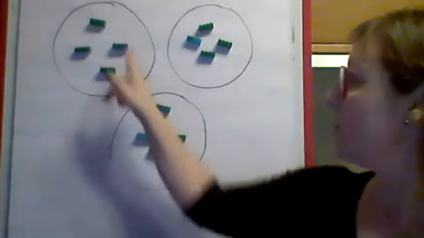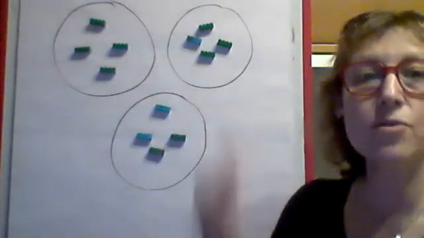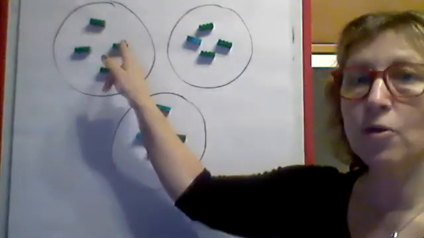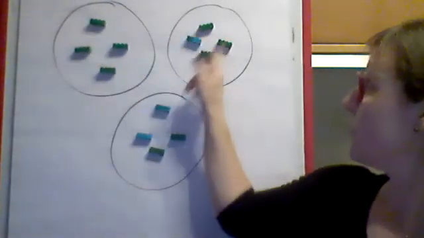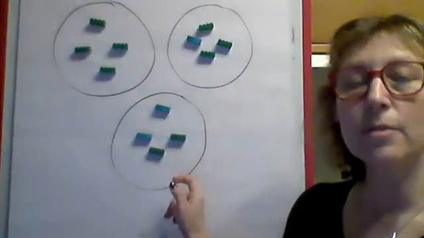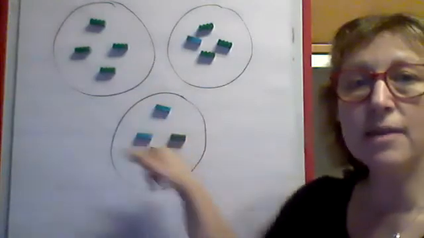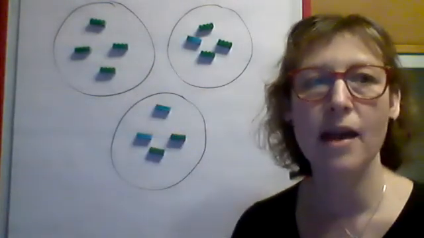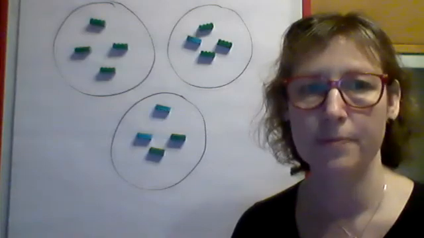So I now have 3 groups. My circles are my groups, and I've got 4 objects in this group, 4 objects in this group, and 4 objects in this group. So I have 3 groups, and there are 4 objects in each group. So they are equal groups.